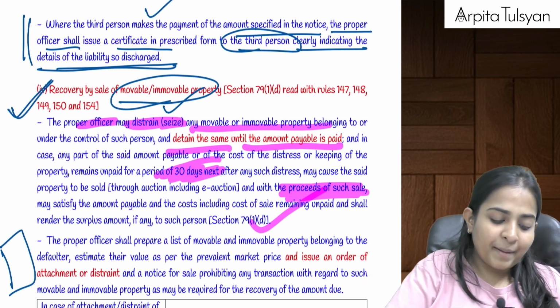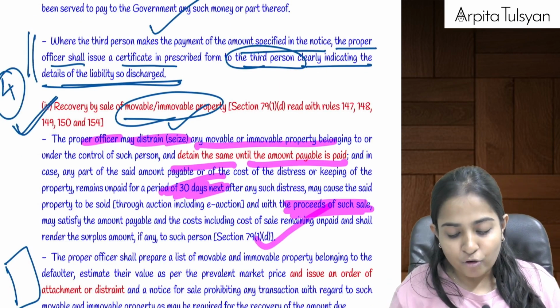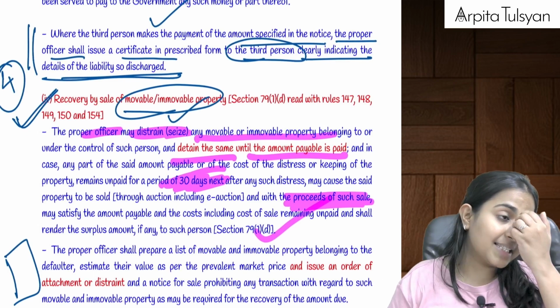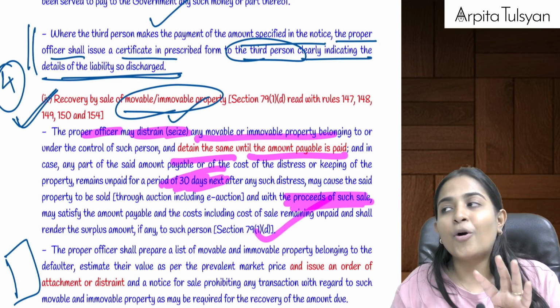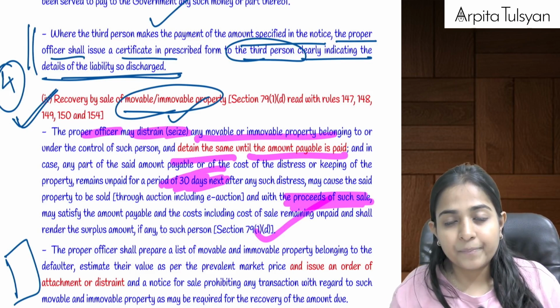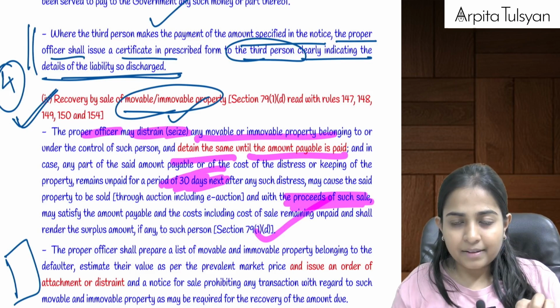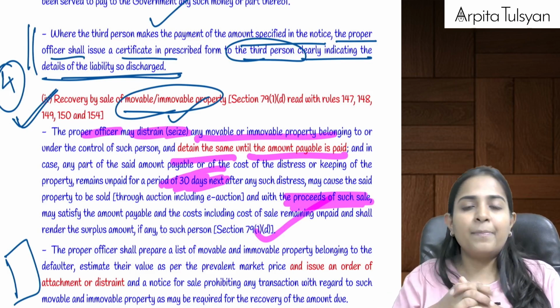Then the fourth method of recovery is by seizing and selling your movable and immovable property. In the second point it was detaining and selling the goods; in the fourth point I am seizing your movable and immovable property. First I will seize it, then I will give you 30 days' warning to please pay within 30 days.